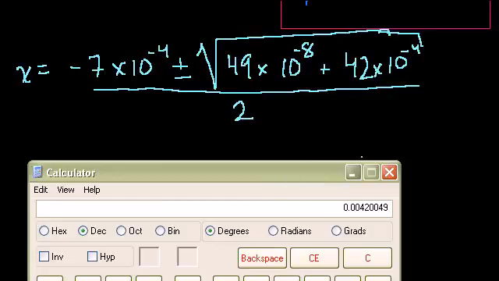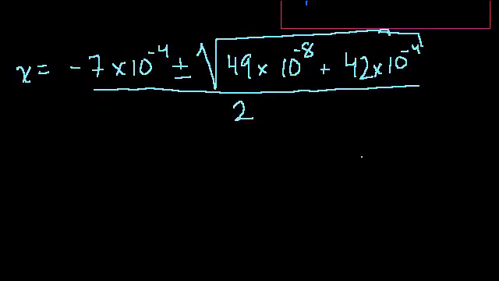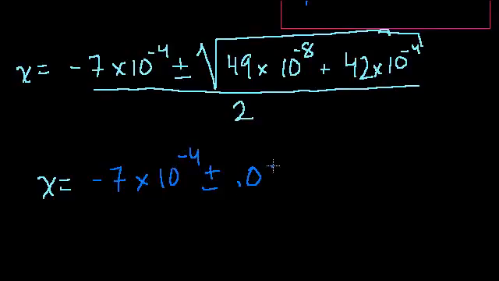And now we want to take the square root, so to the 0.5 power, which is equal to 0.0648. So far we get x is equal to, I'll arbitrarily switch colors, minus 7 times 10 to the minus 4 plus or minus 0.0648, all of that over 2.